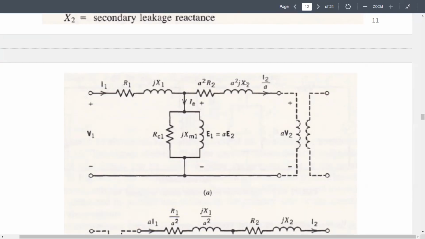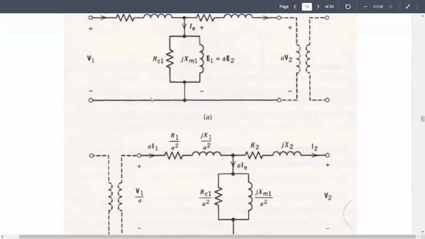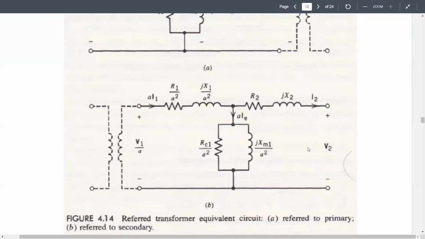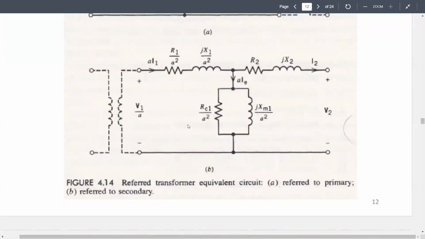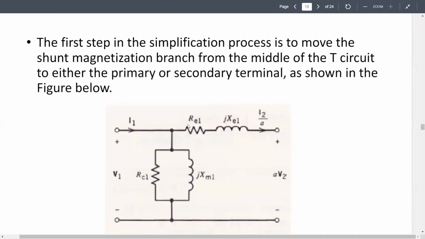We can take the secondary side's resistance and reactance components and place them here, so every component is referred to the primary. We can do the same if we want to see everything from the secondary side. In that case, this will be the equivalent circuit.